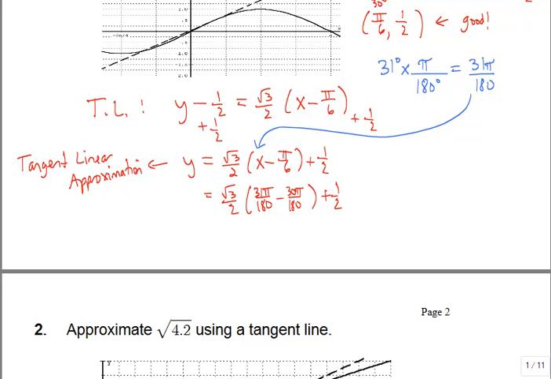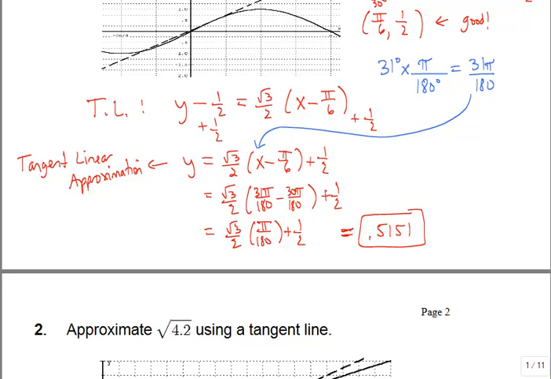So all I did was get a common denominator there, and then 31 pi minus 30 pi is just pi. So this is going to be square root of 3 over 2 times pi over 180 plus 1/2. And if you punch that into your calculator, this is going to equal the decimal 0.5151.